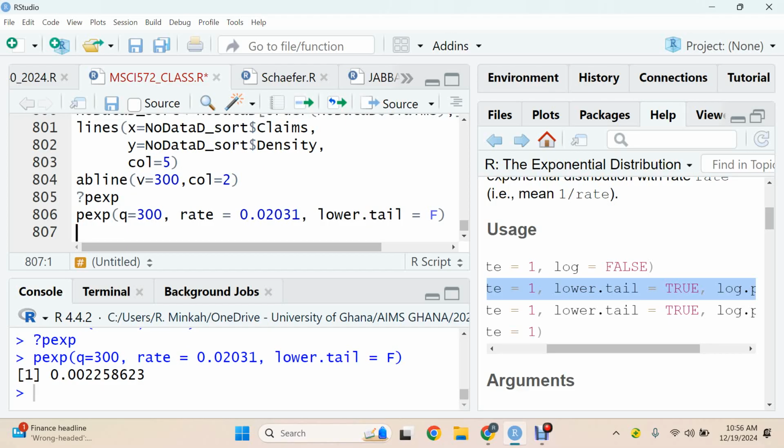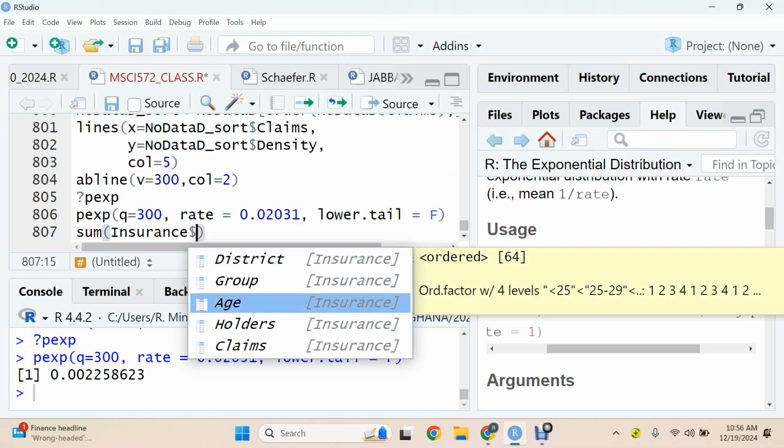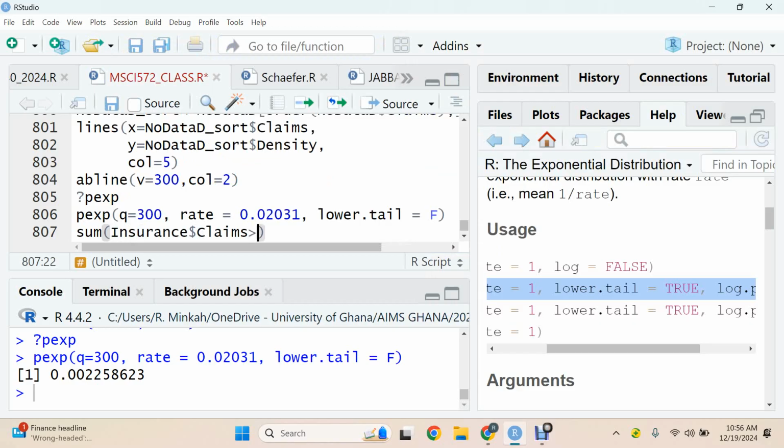What you are doing is, are you able to capture the probability beyond that? If you are in a reinsurance company, or you are a risk manager, you are interested in this kind of thing. So I can look for insurance claims greater than 300.